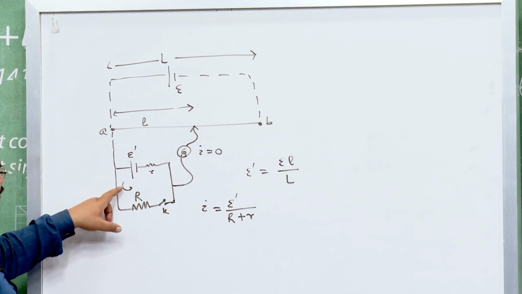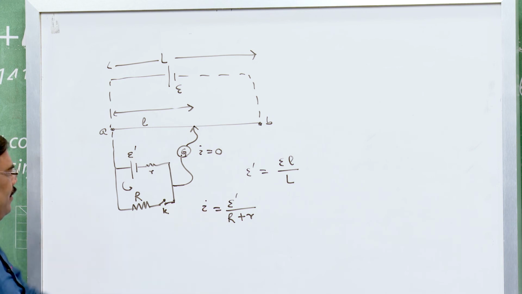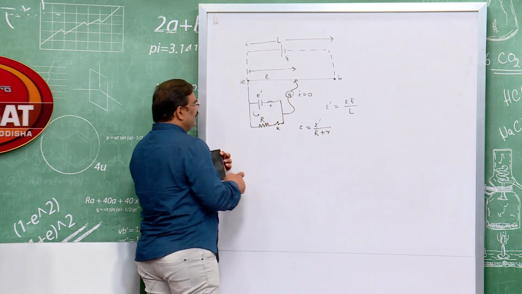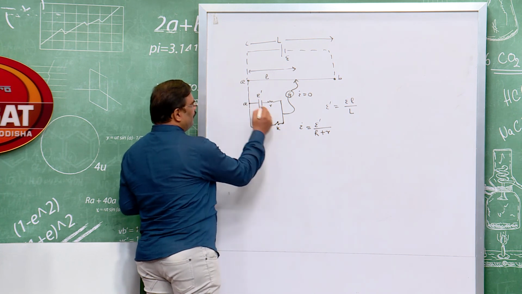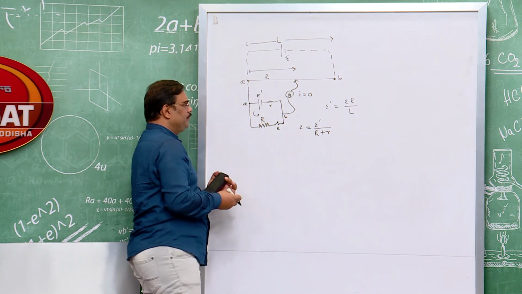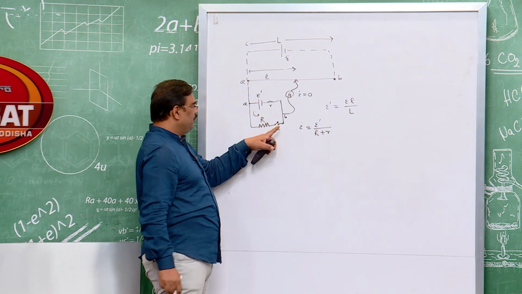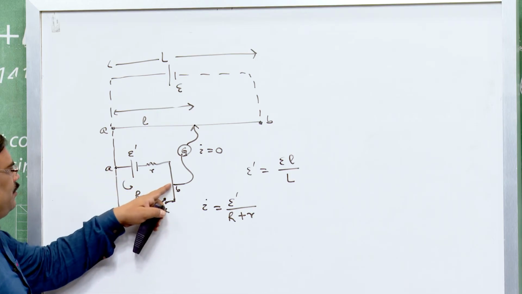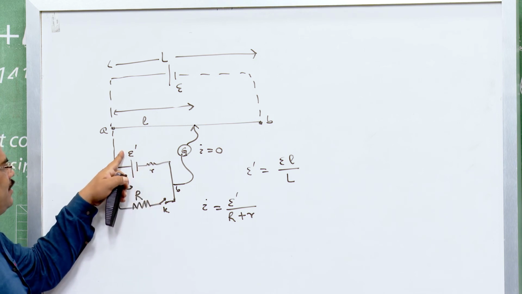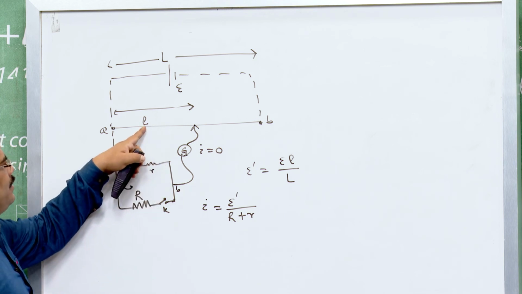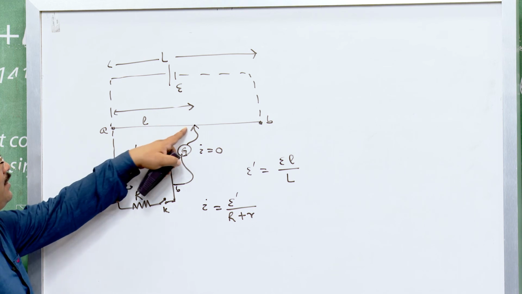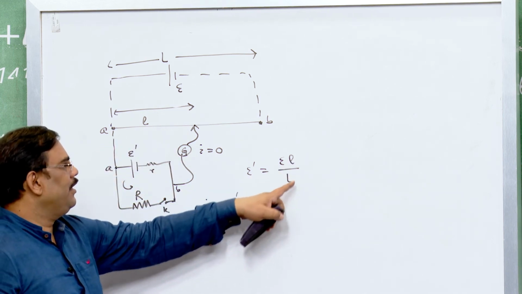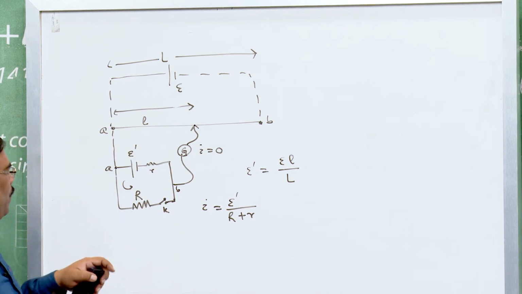Let us take this point as A and this point as B. When the key is open, the potential difference between A and B is E dash, and it is balancing with L section of this wire. So, my E dash will be equal to E L divided by capital L.